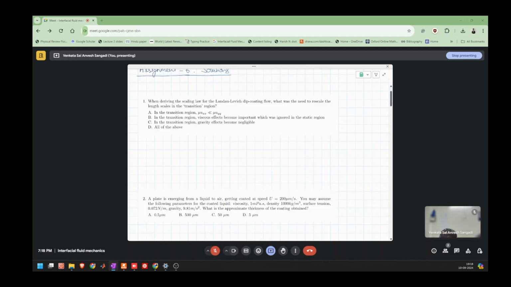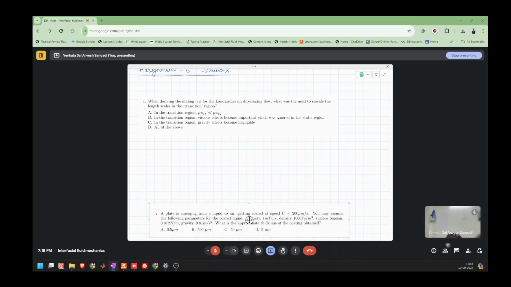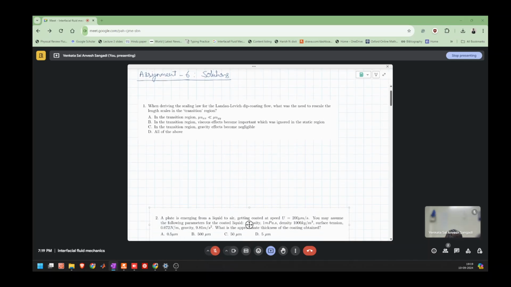In the transition region, mu del square u by del x square, and mu del square u by del y square.